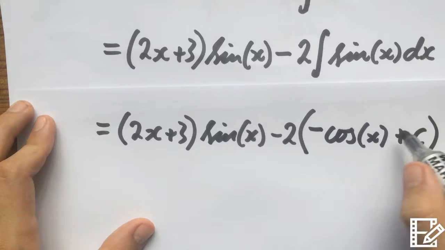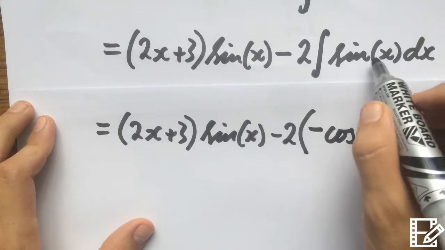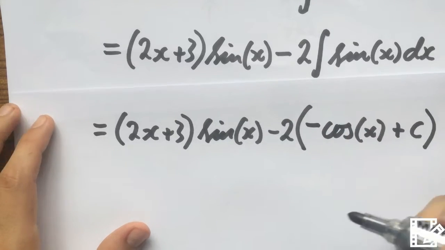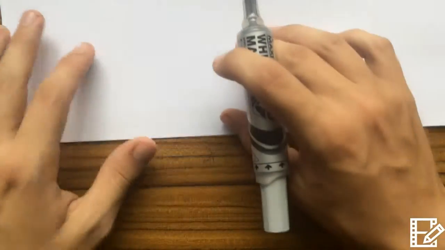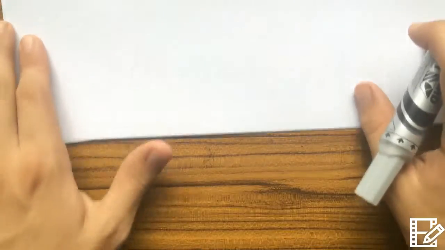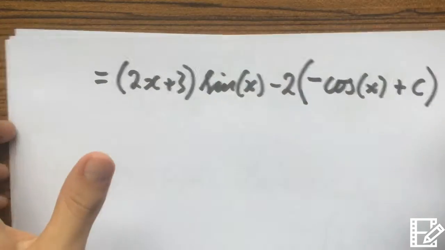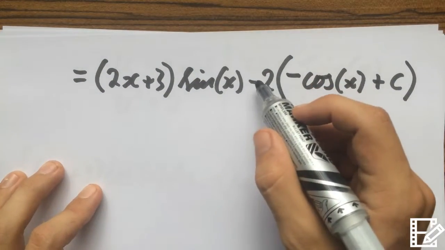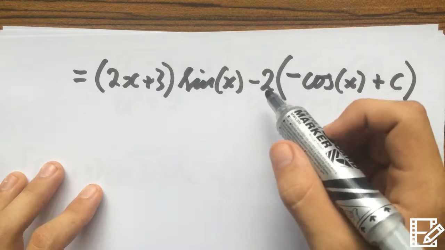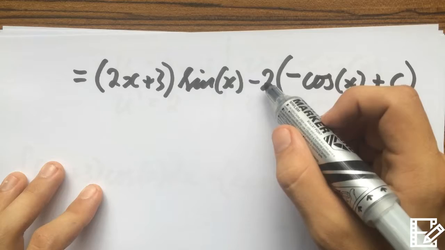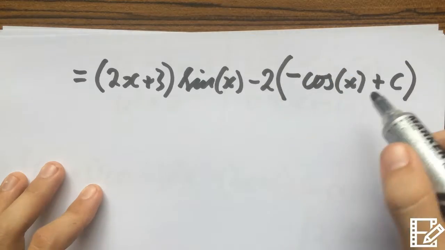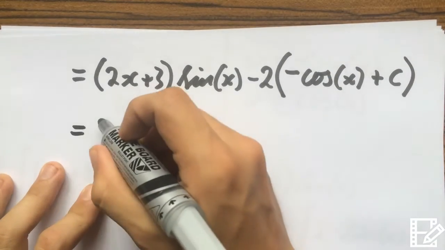Think of it this way, if you derive this, you would get that. Now, just like in the other question where we had a subtraction and we expanded it out, this might be easy to understand because there's essentially a negative 2. So we're going to expand the negative 2 into it, and it will look like this.